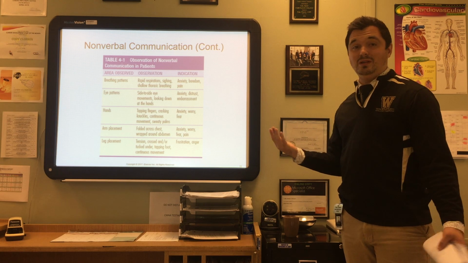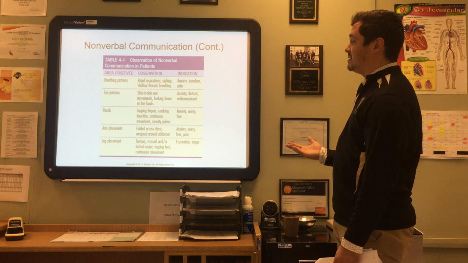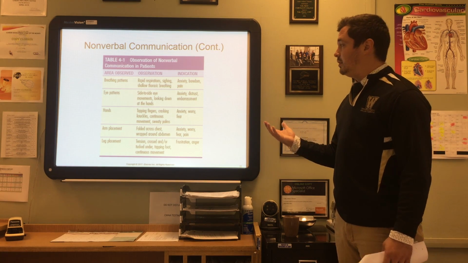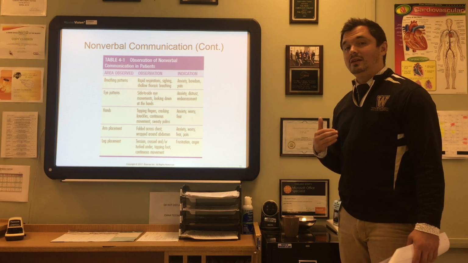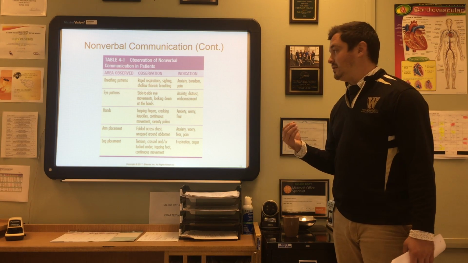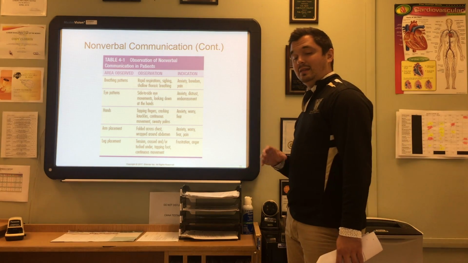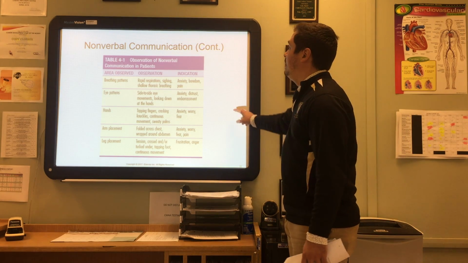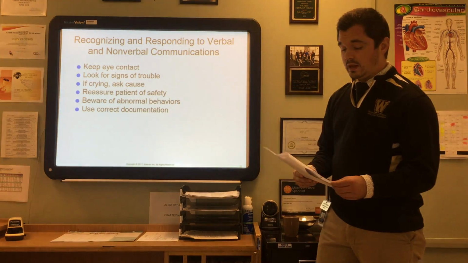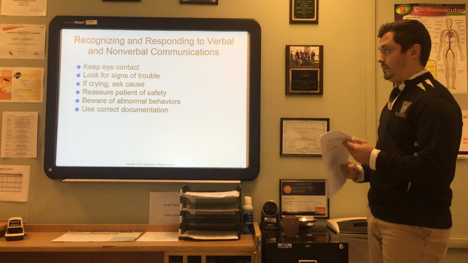It could mean they're bored or in pain. All right, their eye patterns. If they move side to side or they're looking down at their hands, read their eyes. It might show you that there's anxiety or distrust or even embarrassment there. So look through that chart on page 44 and educate yourself a little bit about it.